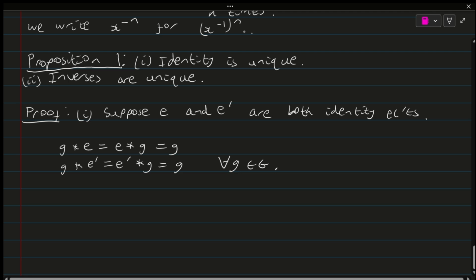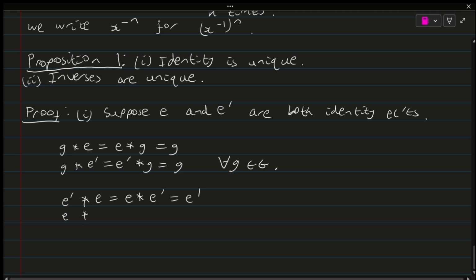So in fact, in the first one, we'll take g to be e prime. So we get e prime star e equals e star e prime equals e prime. And in the second, we'll take g to be e.